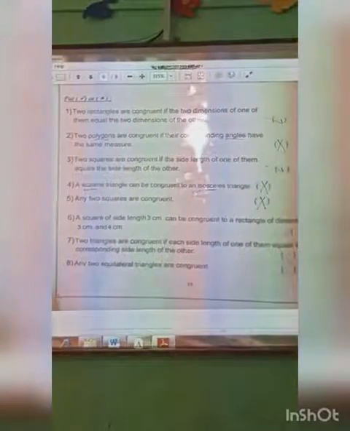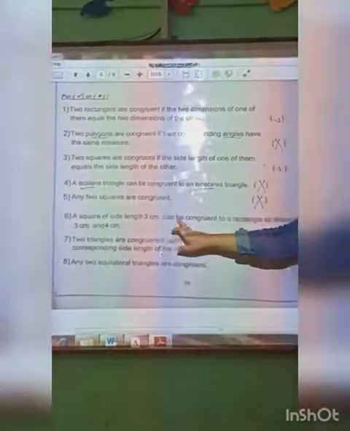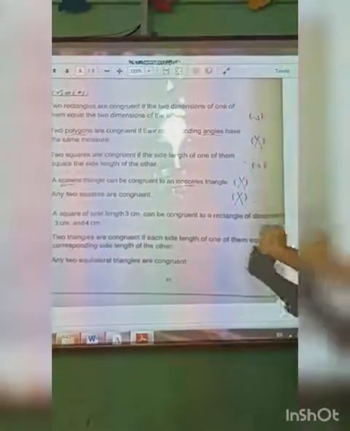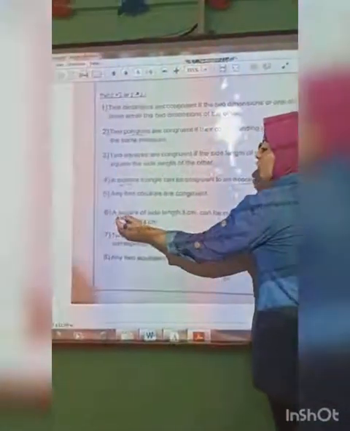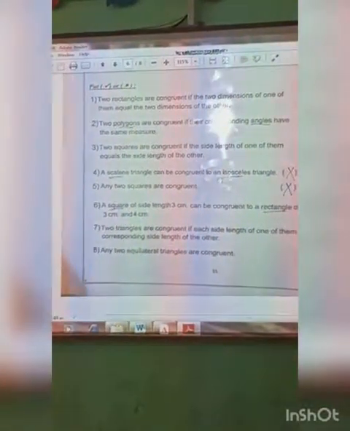Number 6, a square of side length 3 centimeters can be congruent to a rectangle of dimensions 3 and 4 centimeters. I can't say that a square is congruent to a rectangle, so it's wrong.